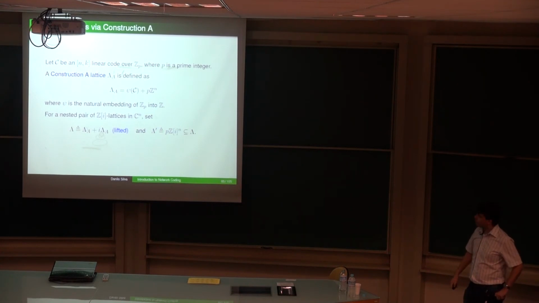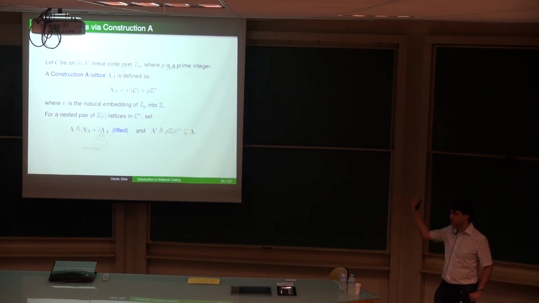So for construction A, what you need is a linear code over Z_p. Just take a prime p and construct a code over Z_p. And then the lattice is defined as the embedding of that code into the integers plus all the multiples of p. And then you get a lattice. This is a real lattice, right?